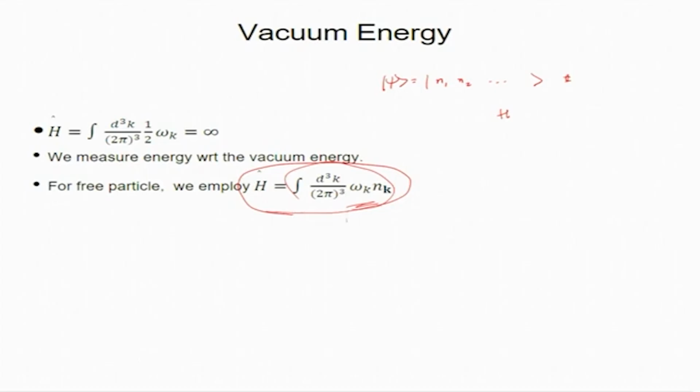This is a good question. We do not think like that in field theory. Field theory is not about thinking of one oscillator at a time. If you think like that, then each oscillator will have a different level of energy. Oscillator 1 with k will have levels like that, k prime will have levels going like that.